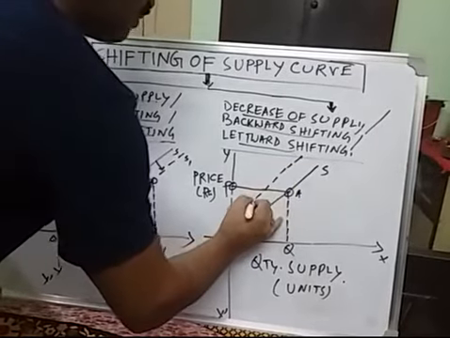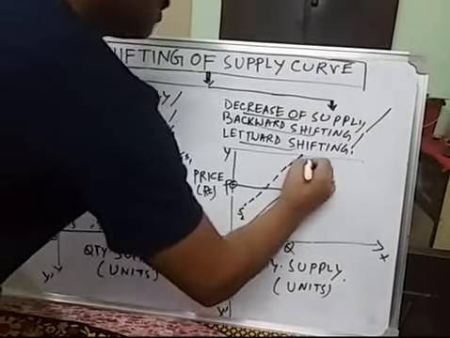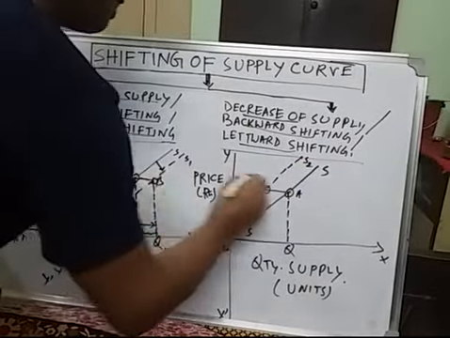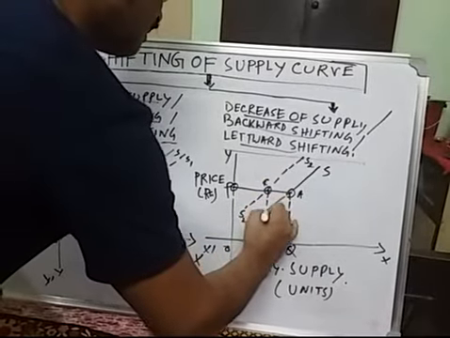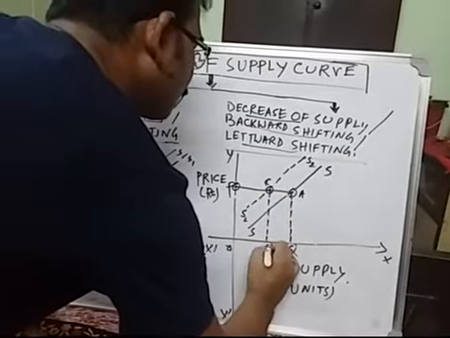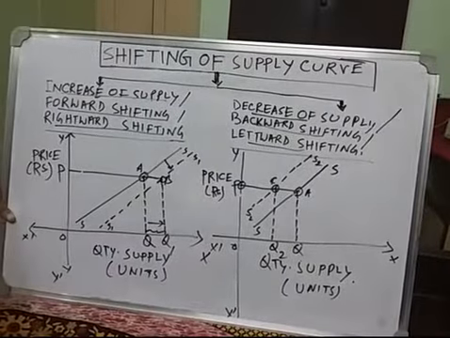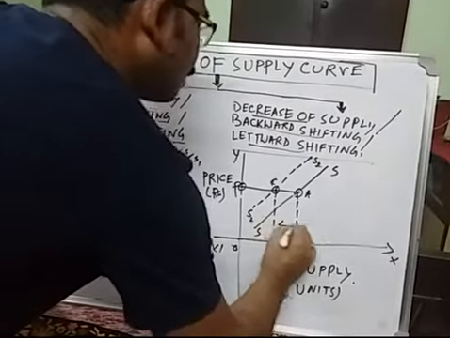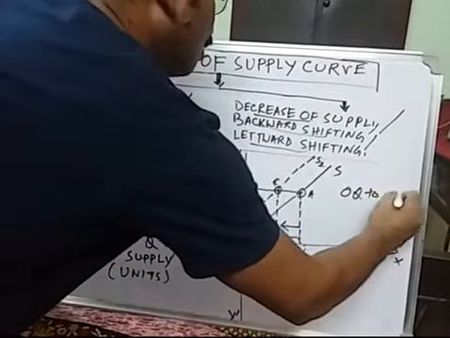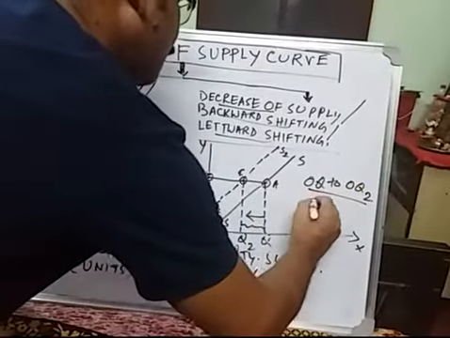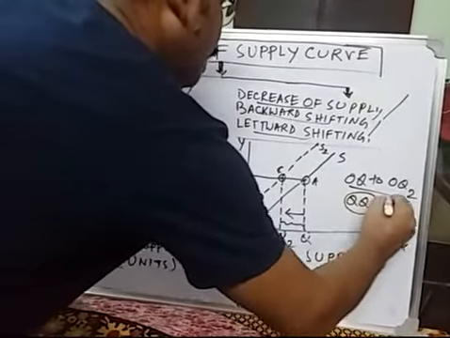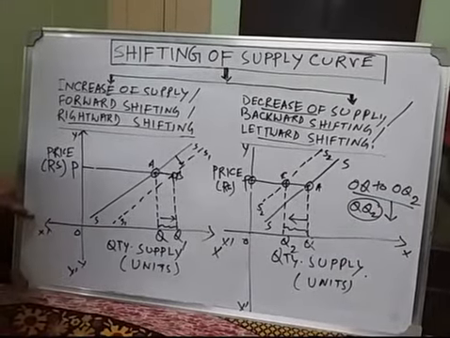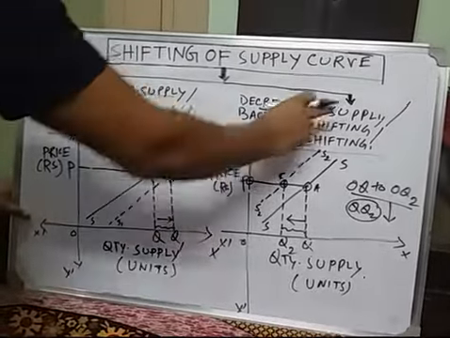The new supply curve is S2 S2, and the point A to B, this point was B, now here is C. Suppose the quantity supply reduced from OQ to OQ2, that means Q2 supply is reducing. So this concept is called the backward shifting of supply.